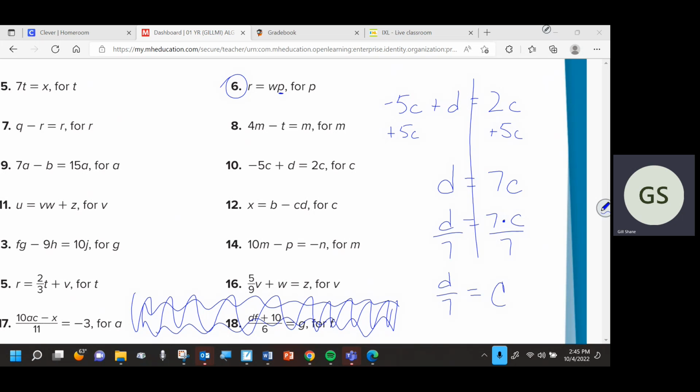So I need to do the opposite math. If that is w times p, I can write it really small right here. If I want to get rid of w, I do the opposite. I divide by w, and then I need to divide by w over here. So that goes away, and I just get p equals r divided by w.